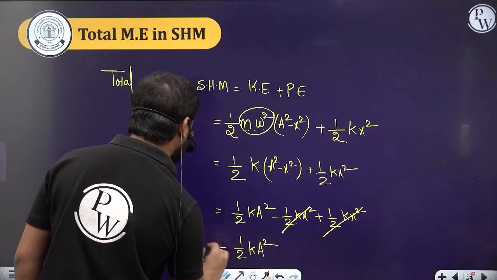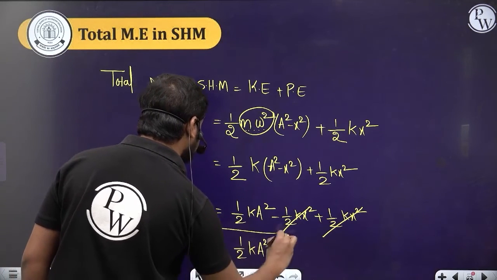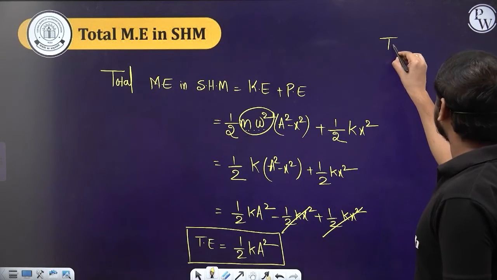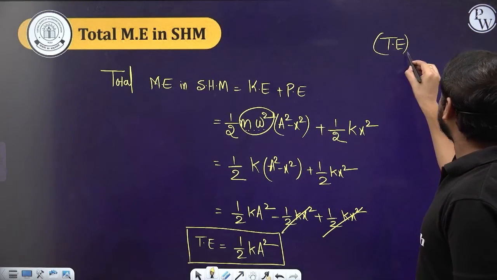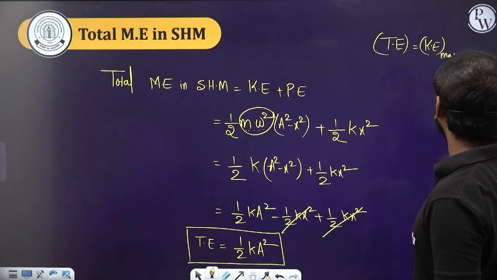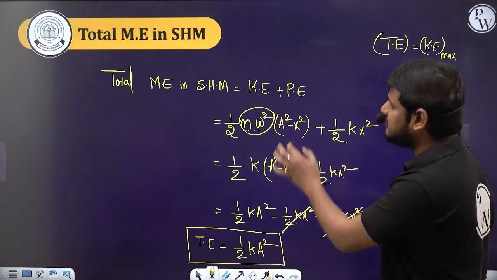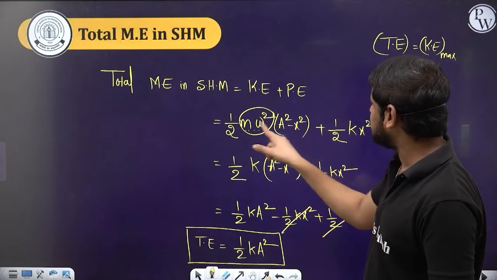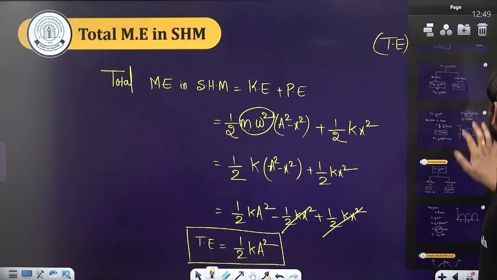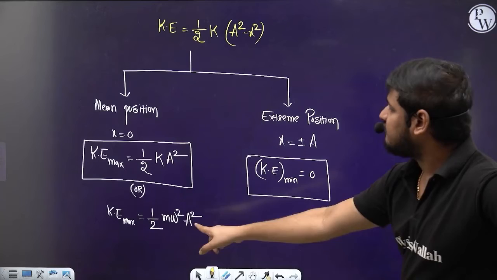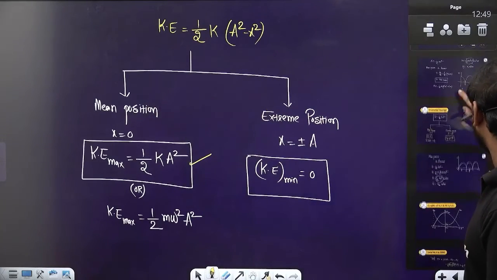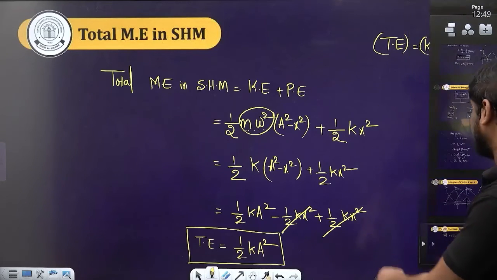So what is this half k a square? It is the total energy. If you observe, the kinetic energy is maximum at the mean position, so at x equals 0 the maximum kinetic energy is half k a square. The total energy we also got is half k a square, and that is also equal to the maximum potential energy we have just seen, half k a square.